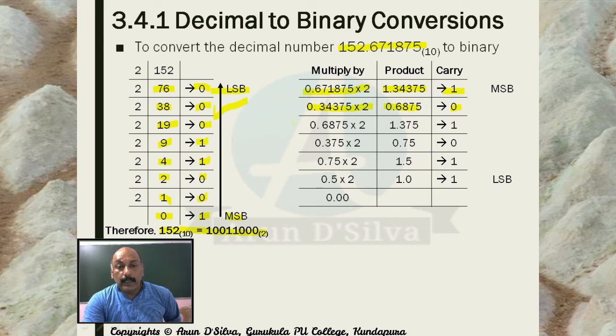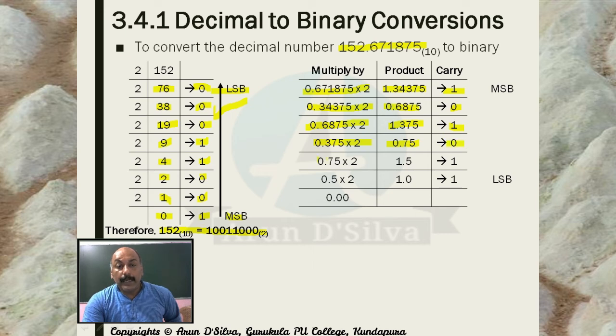Got it? Similarly, this fraction I again send here and multiply by 2. And I got the product 1.375, and this 1 I have taken as the carry. And 0.375 I multiply by 2 and I got the product 0.75. So I have taken the carry as 0.